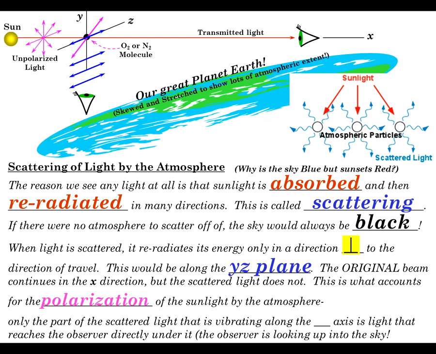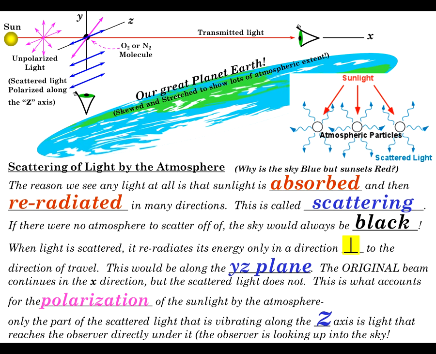Anyway, the big point here is some of the sunlight was scattered at this point, re-radiated perpendicularly into your eyeball. That's the point. And it's only the part that's vibrating along the z-axis and transmitted then along the y-axis.